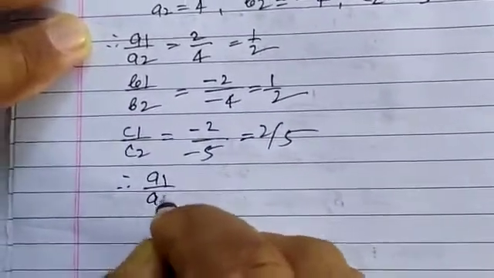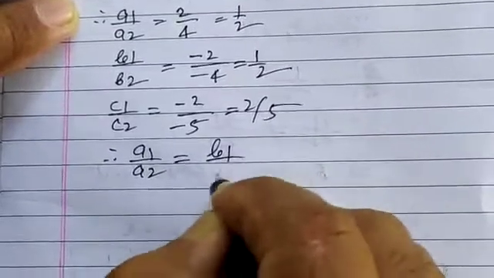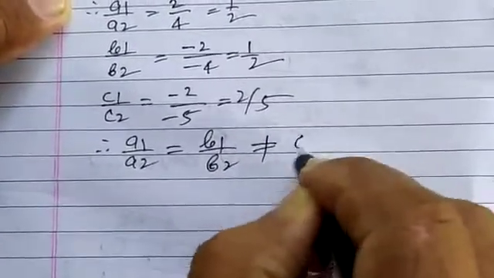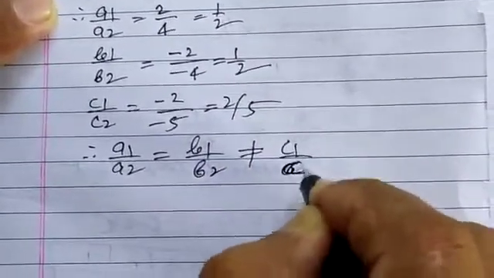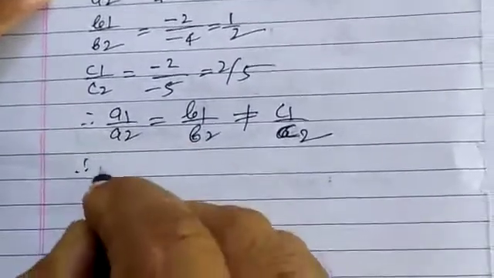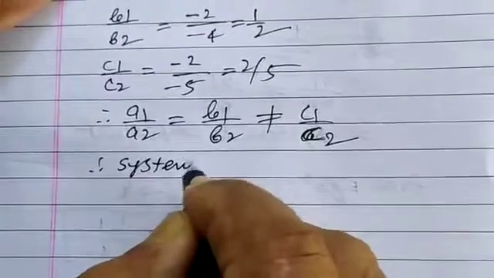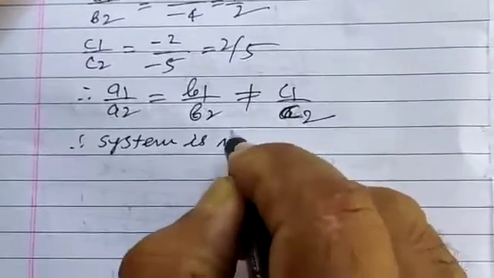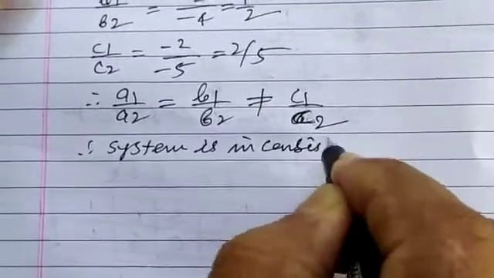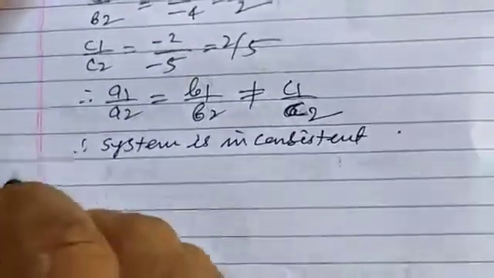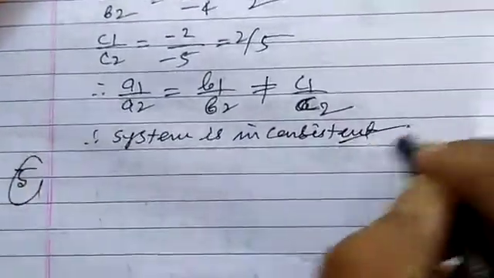Therefore, a1 upon a2 equals b1 upon b2 not equal to c1 upon c2. Therefore, lines are parallel. Therefore, the system is inconsistent.